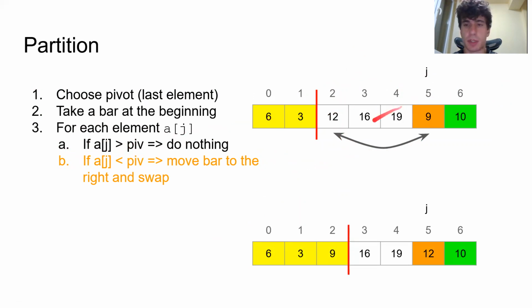If the number is bigger than the pivot, we don't do anything. If it's smaller, move the bar to the right and swap. Now, at this point, we have smaller numbers here. We have bigger numbers here, but we don't have the pivot here in the middle.